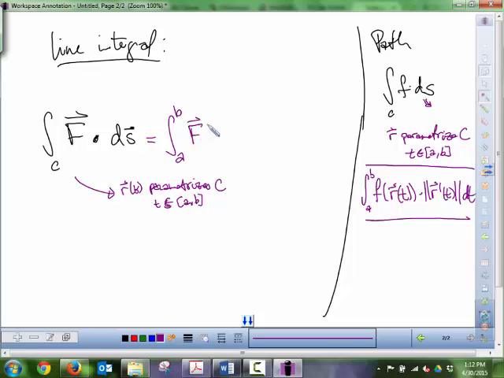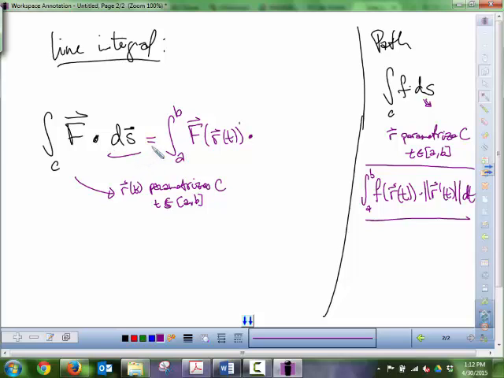And then what you're going to do is take your vector field, which has two components. It's a vector field, right? You're still going to put in the x of t, y of t. And again, I'll use r of t for short to say wherever I see an x, I'm going to put in the x of t from the parameterization. Wherever I see a y, I'm going to put y of t in for the parameterization.